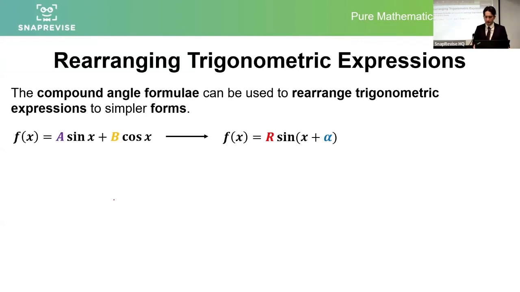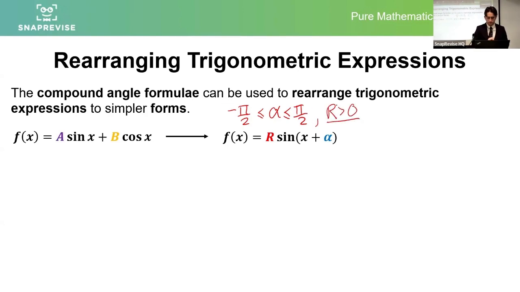So if we think about what's happening here, let's have a little think about what we need to include. Now, we need to think about the principal value. So alpha will generally be in radians and in a principal value domain, and R will be a value greater than 0.